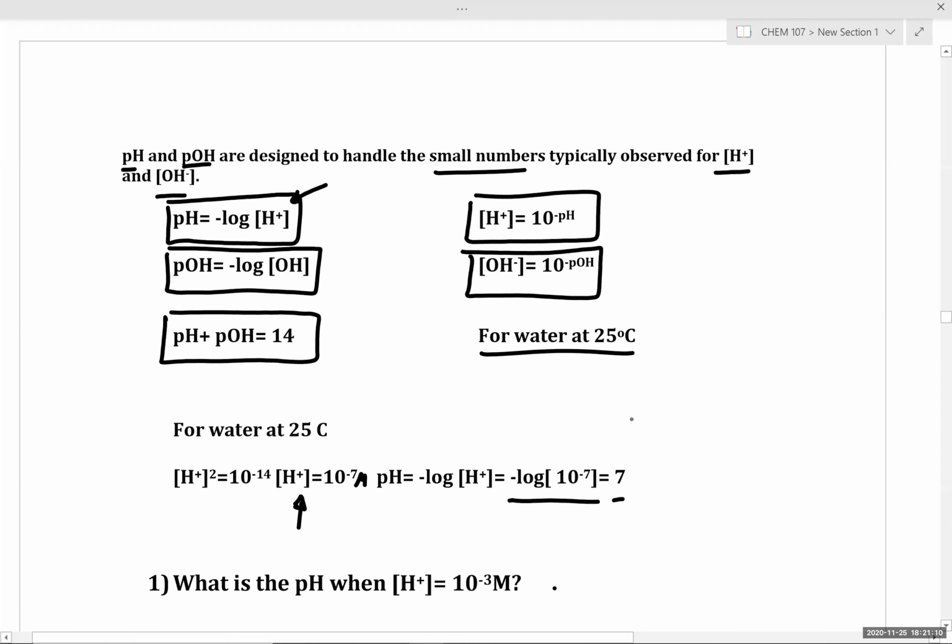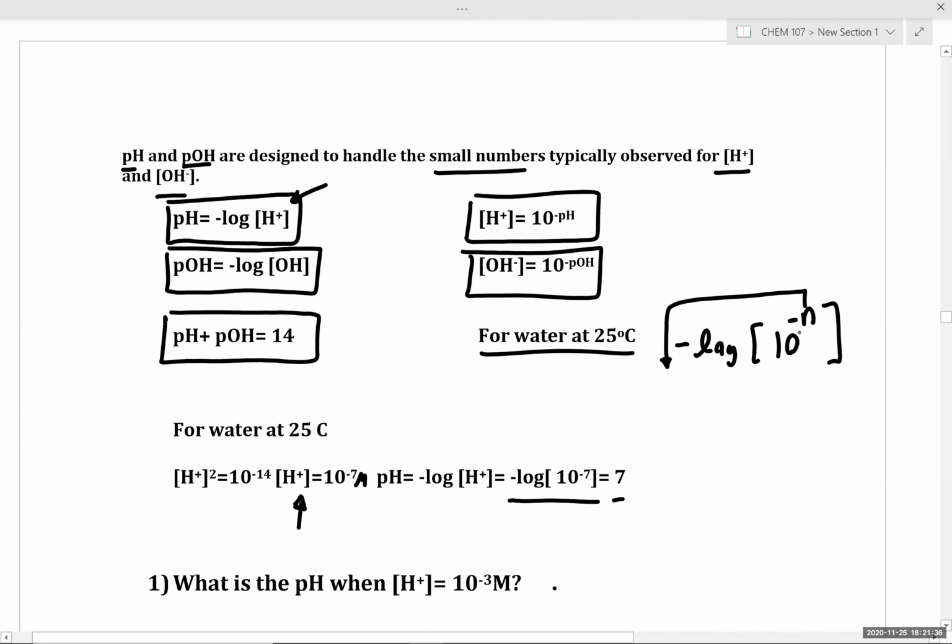You'll need to enter this into your calculator, but this is a good way of just checking that you've done things properly. So when you take negative log of a number, let's say we call this 10 to the negative n, where n is that number. Essentially what happens when you take the log of 10 to the power of something is you're quite simply just moving this number outside of the log.